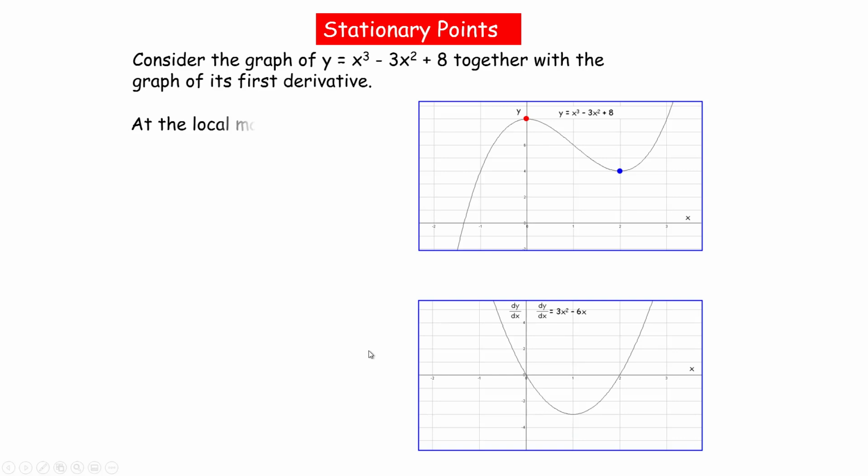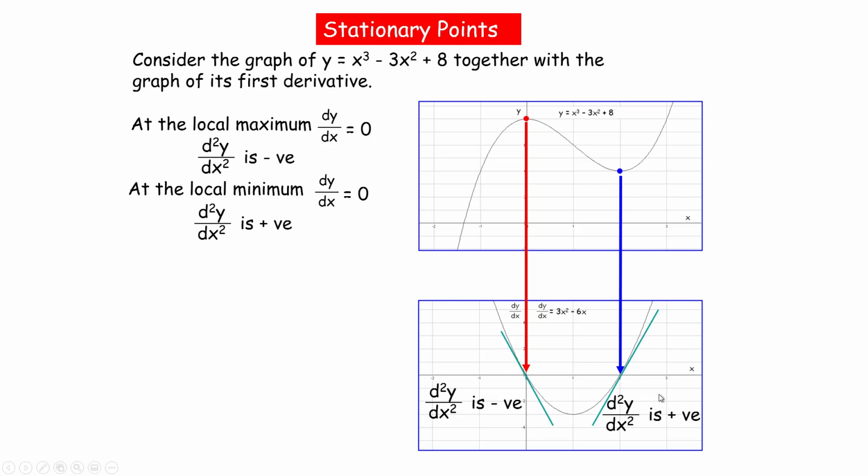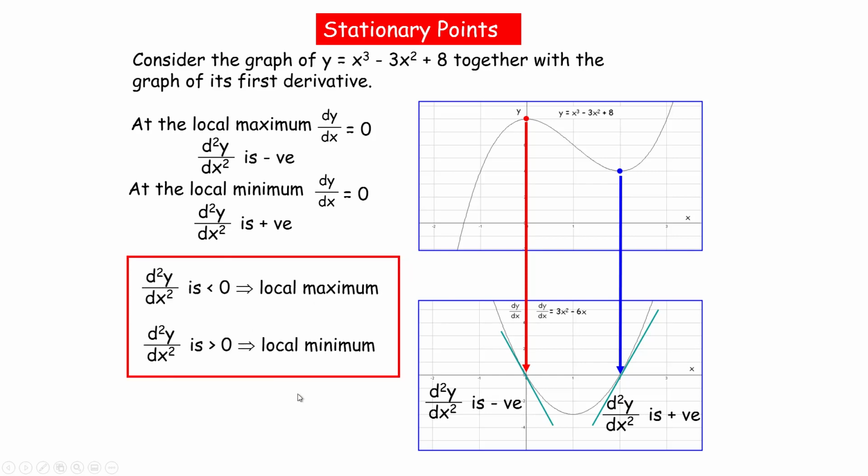So if we consider the local maximum first, the second derivative at the maxima is going to be negative, and the second derivative at the local minima is positive. So if we test the second derivatives, we can find out whether we've got a local maxima or a minima. Unfortunately, it doesn't help us to find the point of inflection. Okay, so hit pause, make some notes there.